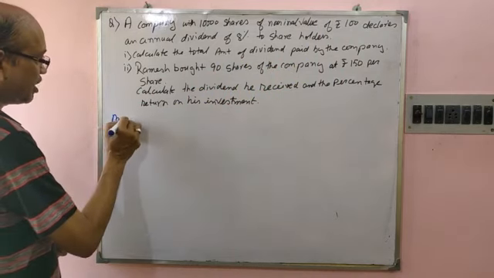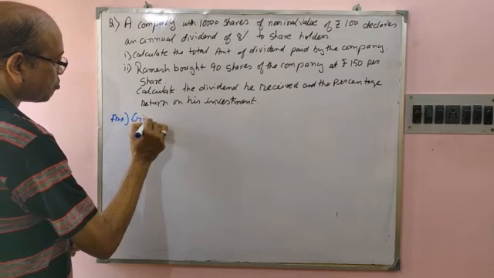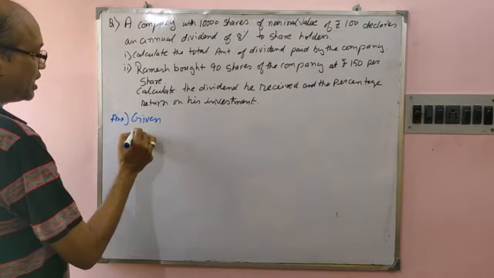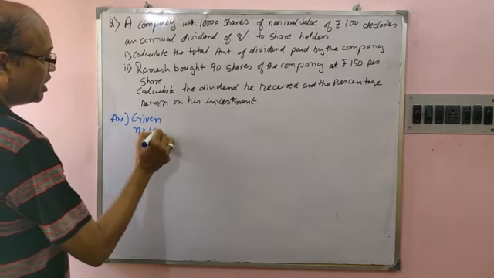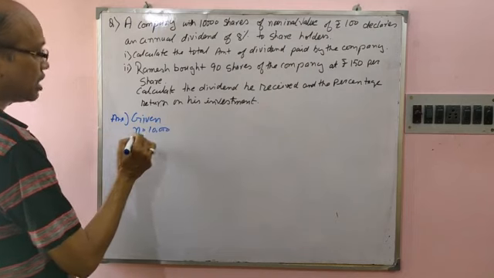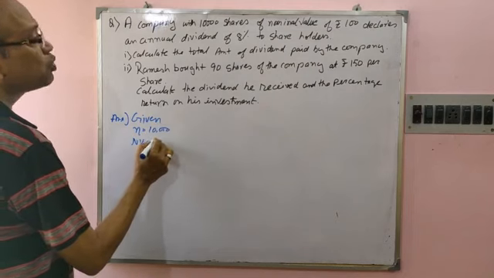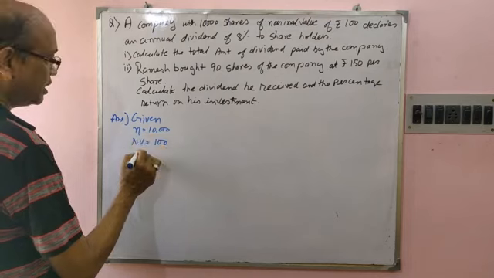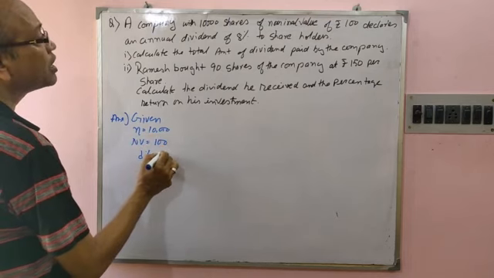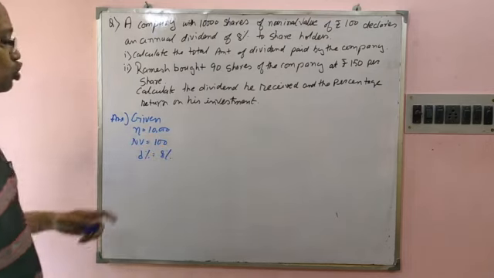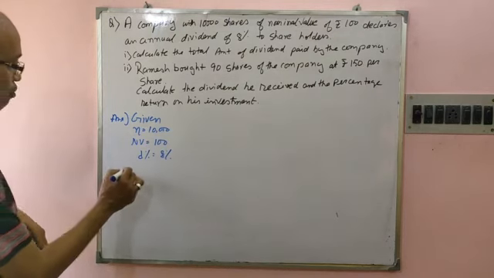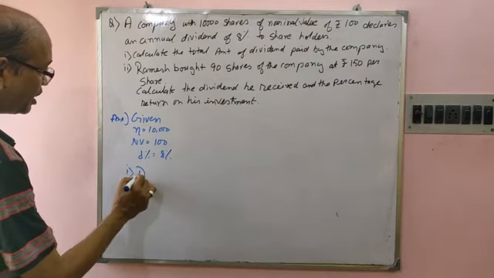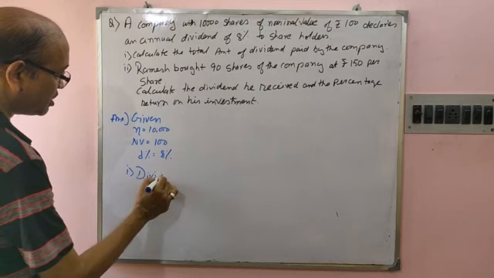Again, what is given? Given number of shares 10,000, nominal value 100, D% 8%. And what we have to find? Dividend.